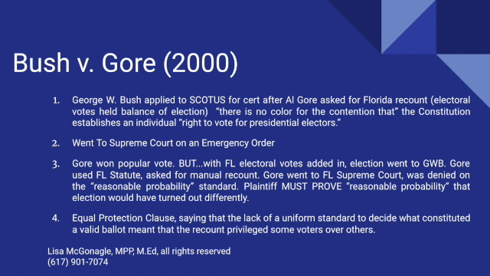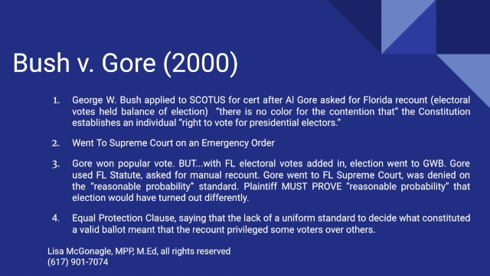So Gore used a Florida statute that allowed him to ask for a manual recount. And they began that recount, the hanging chads and the whole nine yards. Then he went to the Florida Supreme Court, and he was denied on the reasonable standard theory.